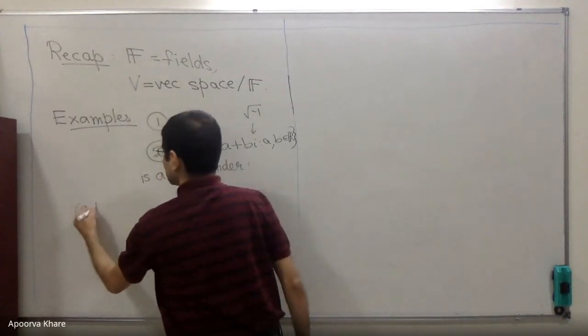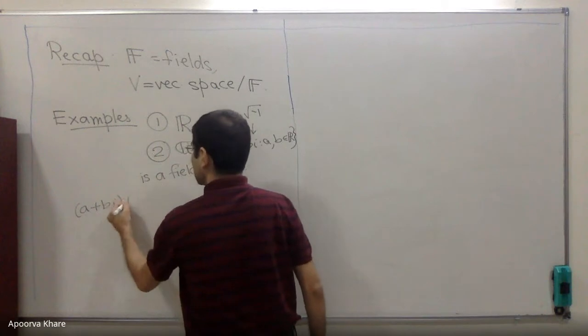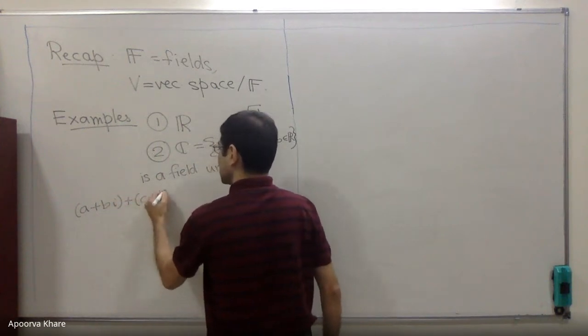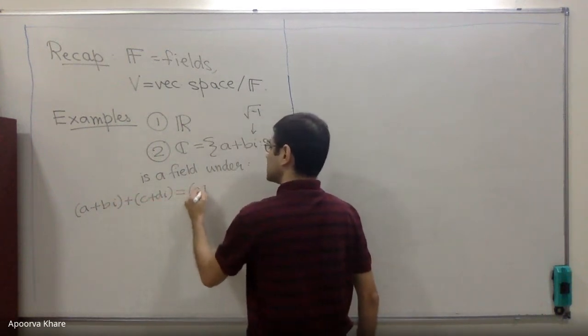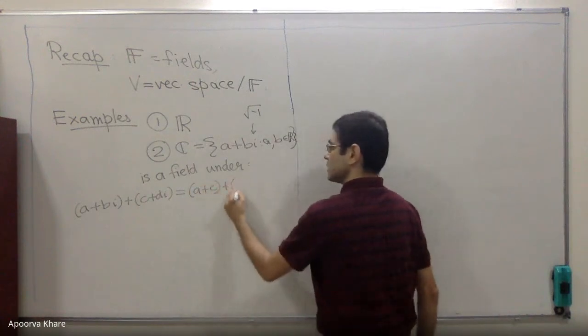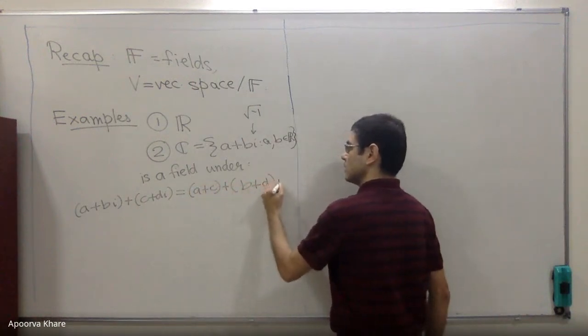Addition is just, we know what it is: (a+bi) + (c+di) is (a+c) + (b+d)i.